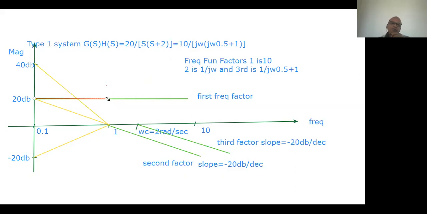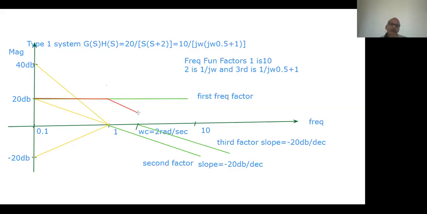Then draw a straight line with a slope of minus 20 dB per decade, passing through the magnitude of 20 log 10, to the base 10, equal to 20 dB at the corner frequency. Again, at this corner frequency, draw a line up to the second corner frequency.